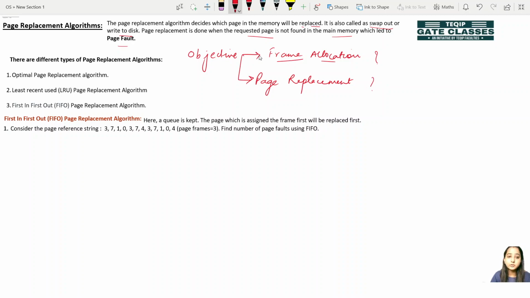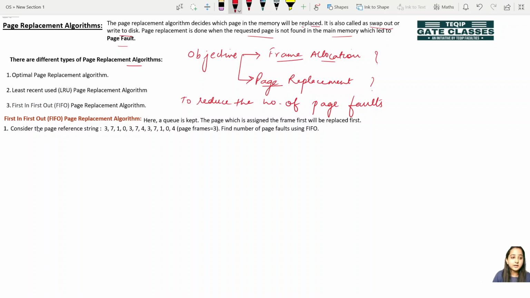Keep these two objectives in mind while solving these algorithms. And what is our motive? To reduce the number of page faults, by deciding how many frames there should be and which page replacement algorithm to use.